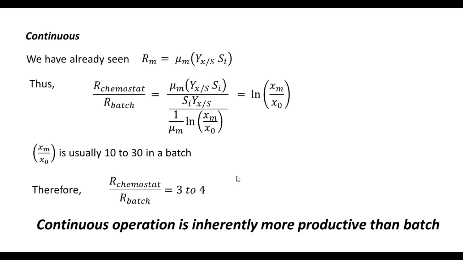That's the reason why industries prefer batch, except if it is completely automated and so on and so forth. Then some industries have switched to continuous. You might want to internalize this by going through this again. We have shown that a continuous bioreactor is inherently 3 to 4 times more productive than a batch bioreactor.